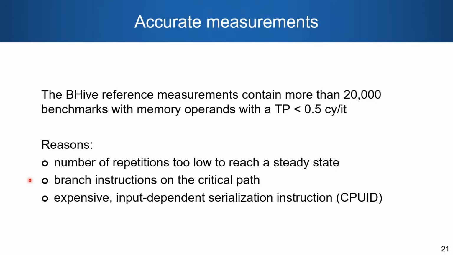The measurement code contains branch instructions that are in the critical path, which make the measurements unpredictable, and the CPUID instruction is used for serialization, which is expensive and has an input-dependent behavior. And so we have developed an improved version of the BHive measurement tool that does not have these problems, and the details of this are described in the paper.